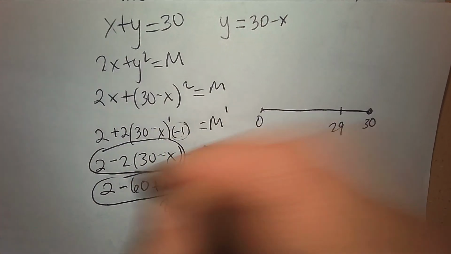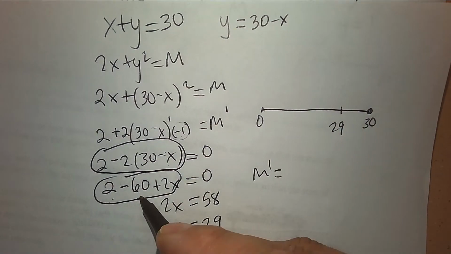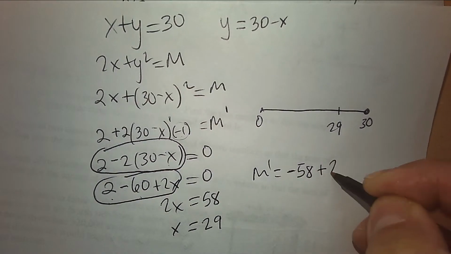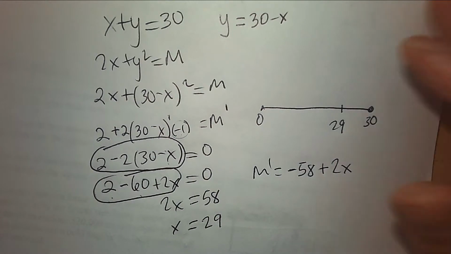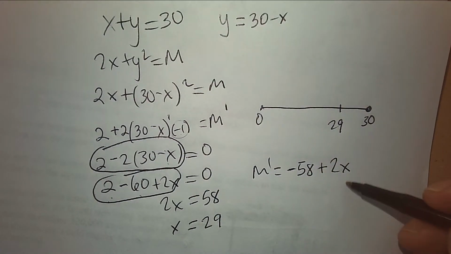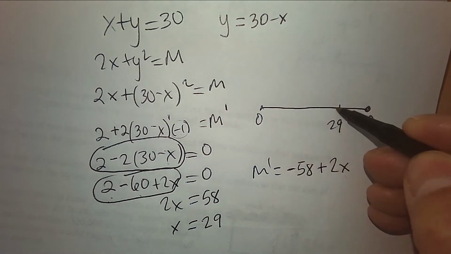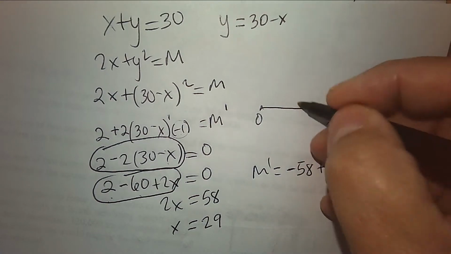And if we wanted to make it even simpler, the derivative was 2 subtract 60 is negative 58 plus 2x, right? Don't you want it simple to plug in with your brain? If you plugged in positive 1, is the derivative positive or negative? If you plugged in any number here, what would that answer be? Positive or negative? Negative. Yay.